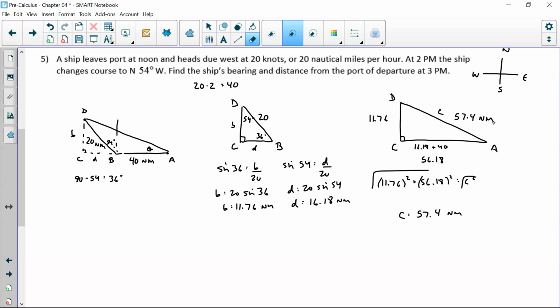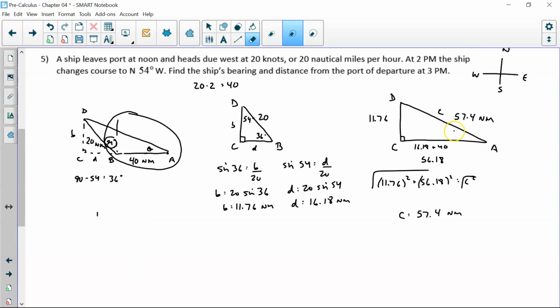Now, what we can do next is we have to find theta. We need to find the angle that the boat traveled. We don't even need to do that other diagram.